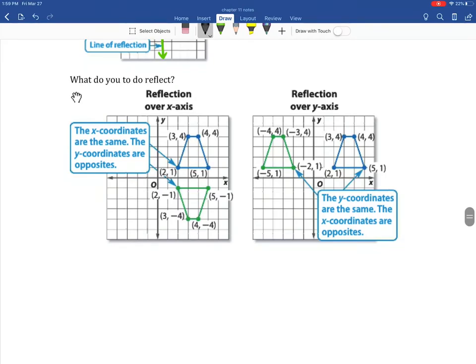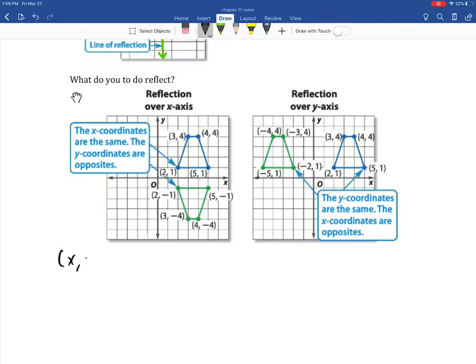So what do you do for a reflection? Well, we have two of these, reflection over the x-axis and reflection over the y-axis. This is copied from your book on page 523. In the x-axis, you'll notice you're going from positive y to negative y. Reflection in the y-axis, you're going from the positive x to the negative x. So your coordinates are going to flip.